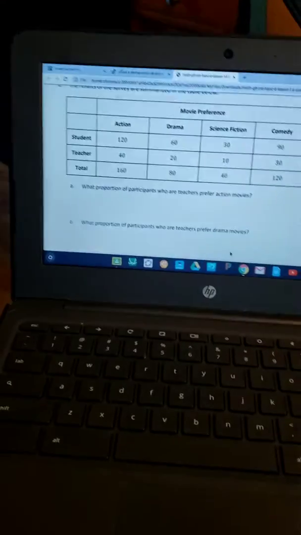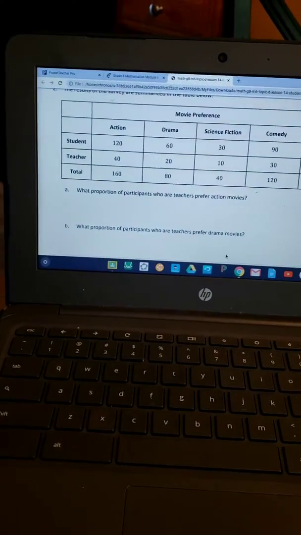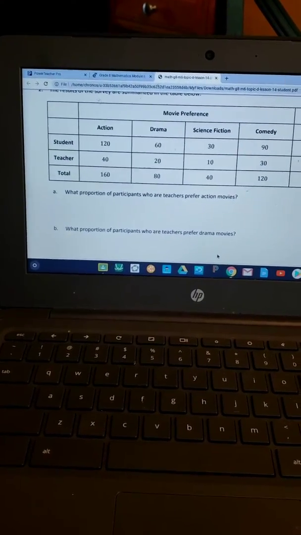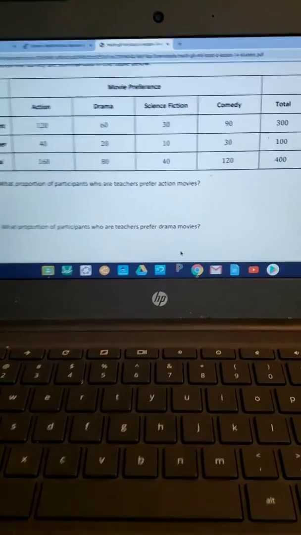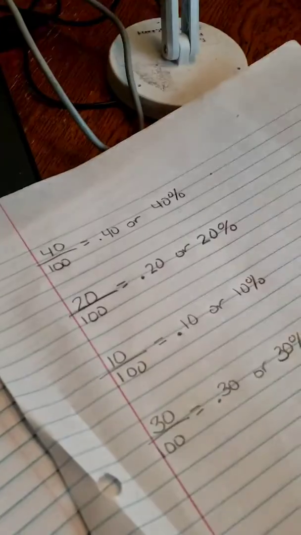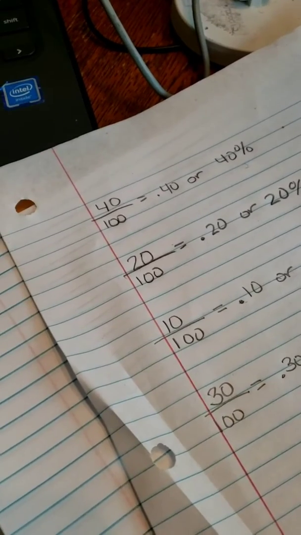For question D, it says, what proportion of participants who are teachers prefer comedies? When you look at your table, you can see that 30 of my teachers like comedy. And remember, I only looked at 100 teachers. So this is 0.3 or 30%. So that's your A, B, C, and D for number 2.